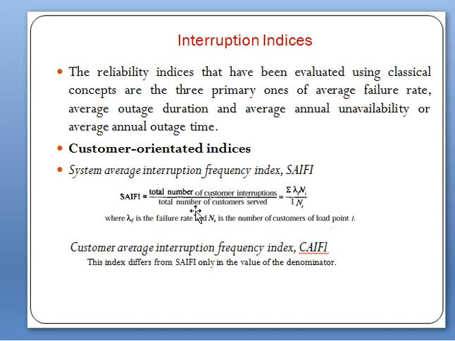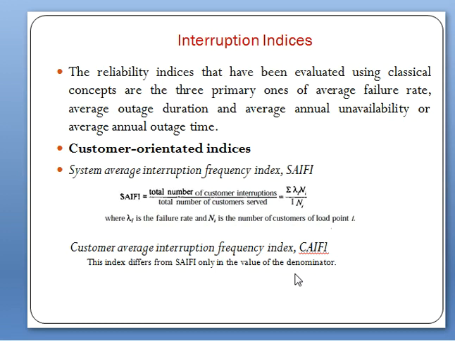SAIFI is the total number of customer interruptions divided by the total number of customers served. Next is the customer average interruption frequency index, CAIFI. The index differs from SAIFI only in the value of the denominator.